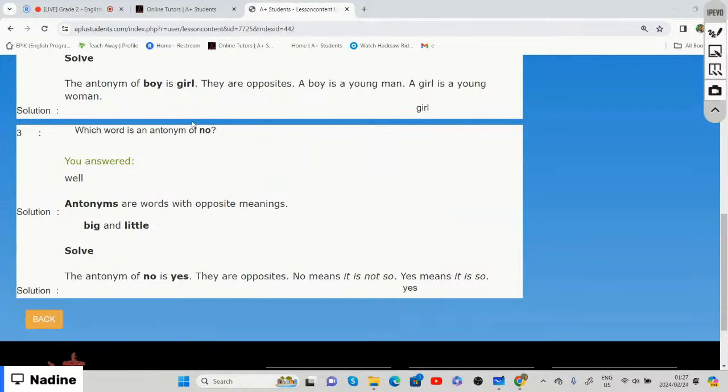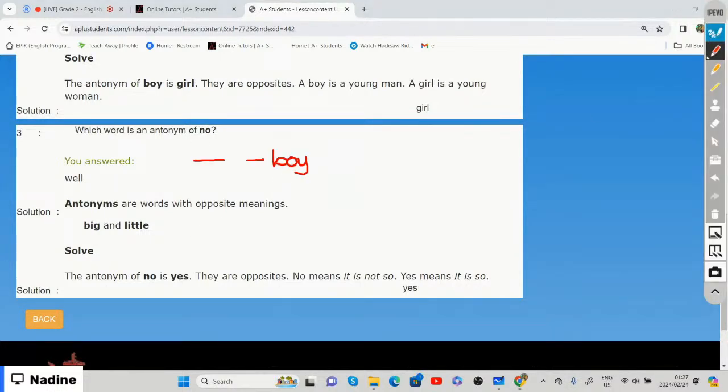So which word is the antonym of no? The opposite meaning of no. And the opposite of no is yes.